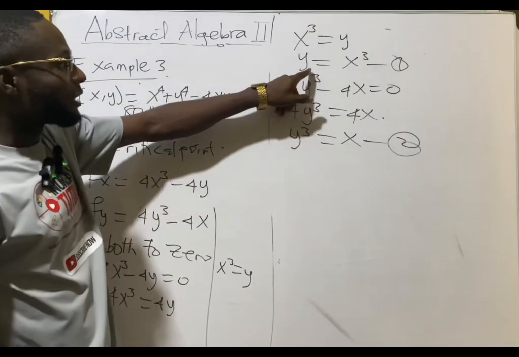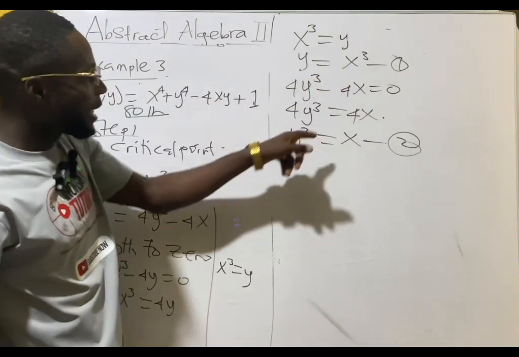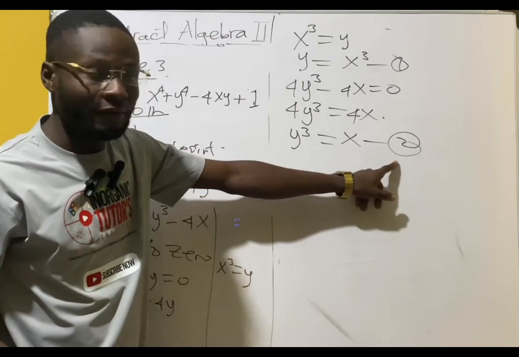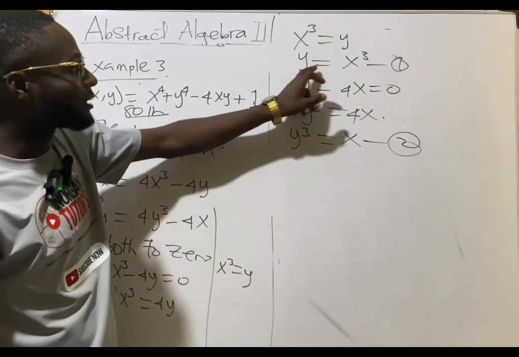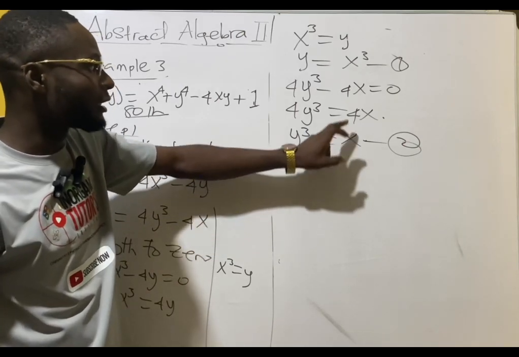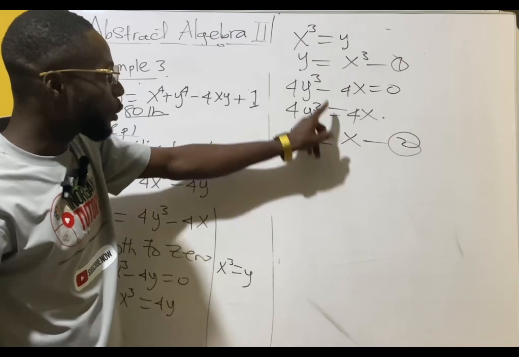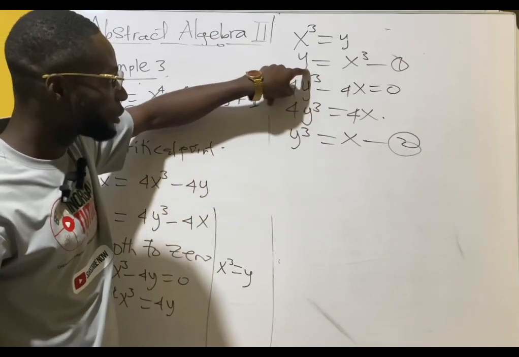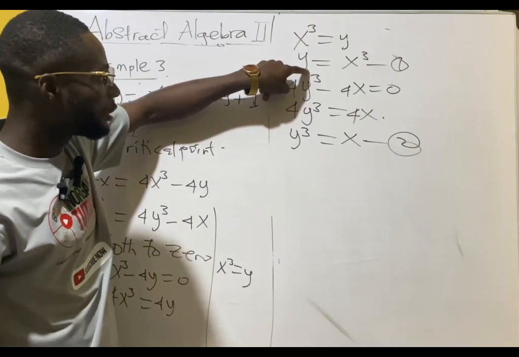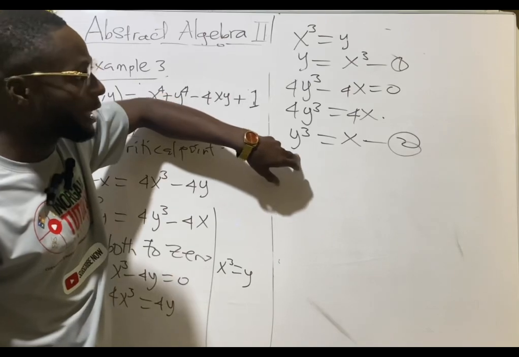Now, we can see that from equation 1, we have y equals x cubed. And equation 2, we have y cubed is equal to x, right? So if y is equal to x cubed and y cubed is equal to x, then it means that wherever we see x, we can substitute y cubed, right?